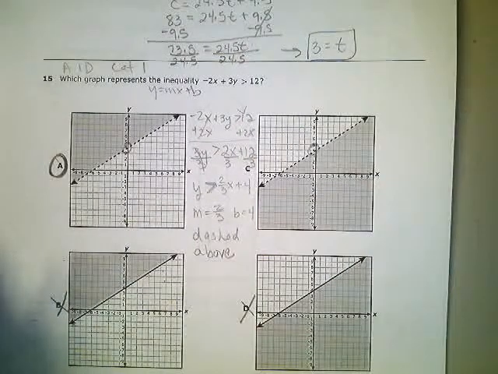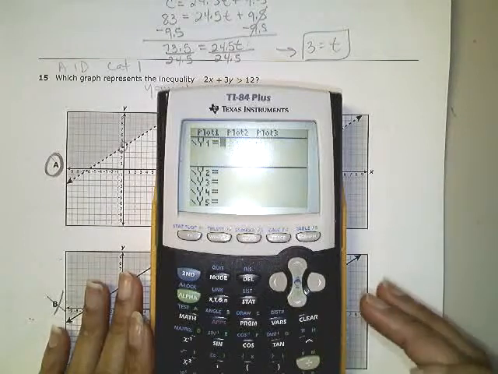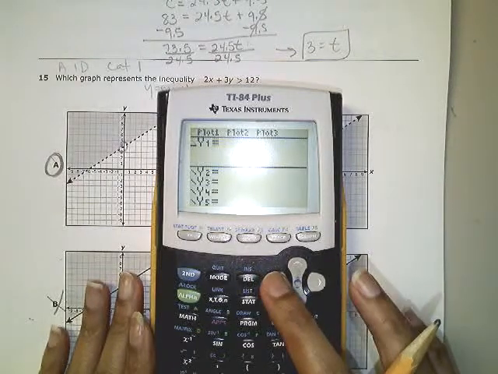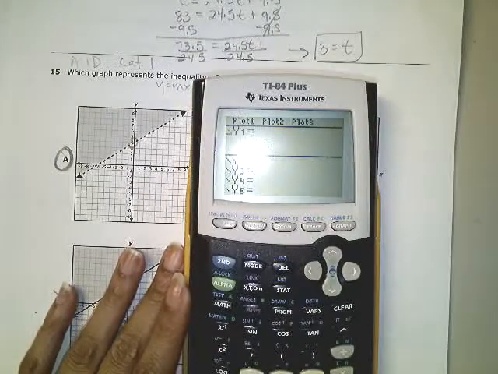You can check it on the calculator by going to y equals, clear that out. Use your arrow to toggle over in front of the y. This is a greater than symbol, so I'm going to hit enter until I have an arrow pointing upward.